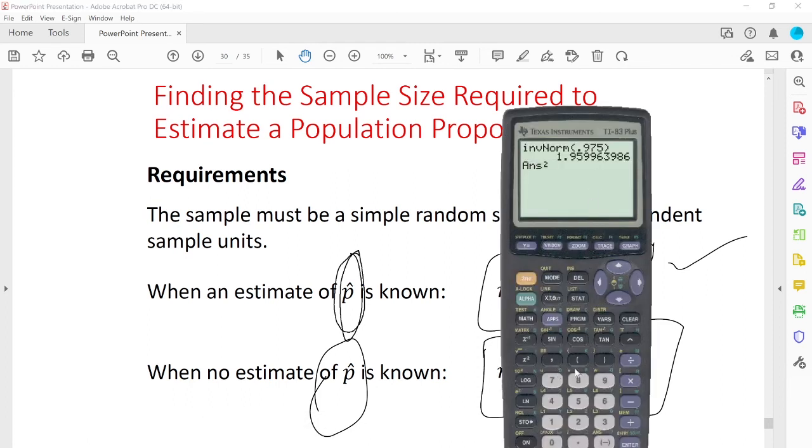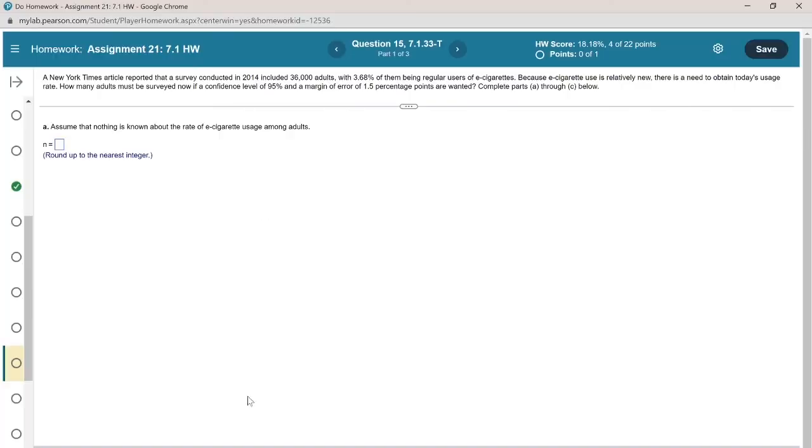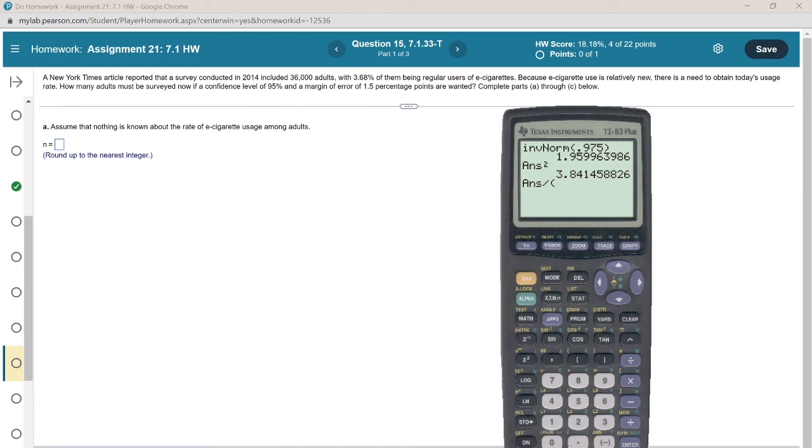So I'm going to square this and divide it by the margin of error. In our case, the margin of error is 1.5 percentage points. Remember, 1.5 percentage points means 0.015. So it's divided by 0.015 squared, and that gives us z square over e square.